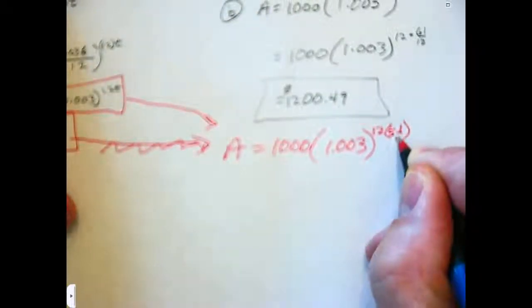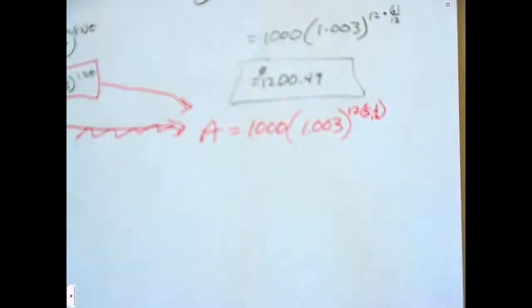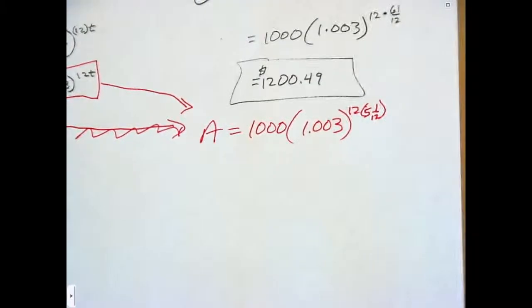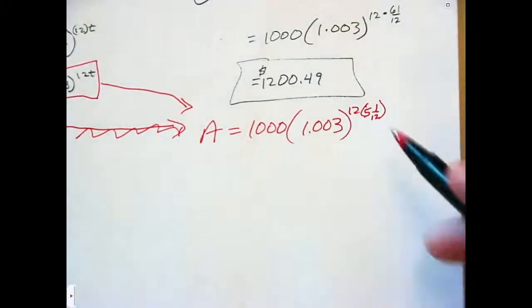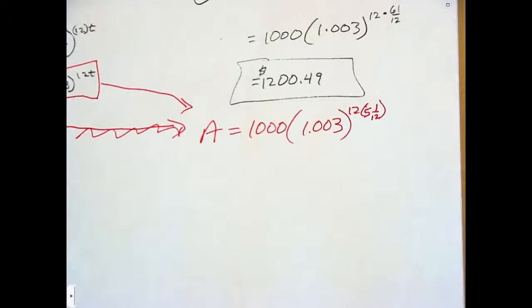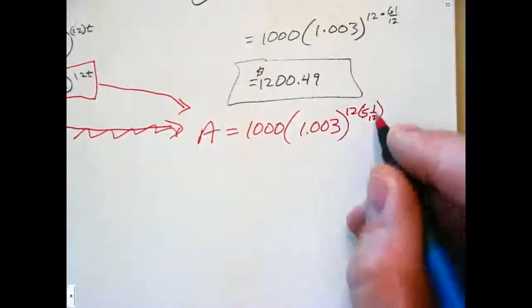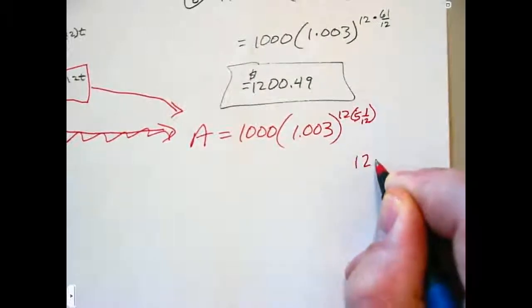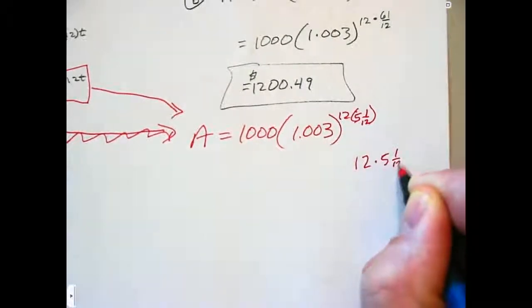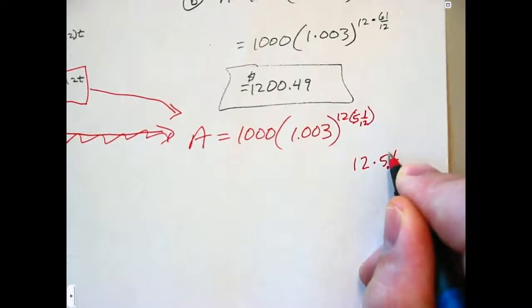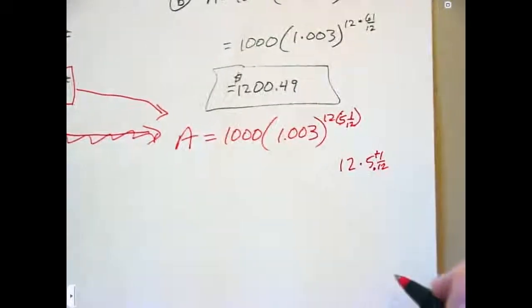And some of you are like, what? I don't know how to do, like, how do I do 12 times 5 and 1/12? Well, some of you use your calculator. I like to personally think that you know how to do 12 times 5 and 1/12 by changing this, if you need to, to an improper fraction.